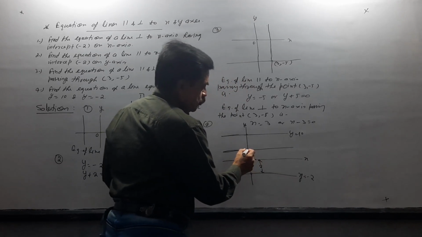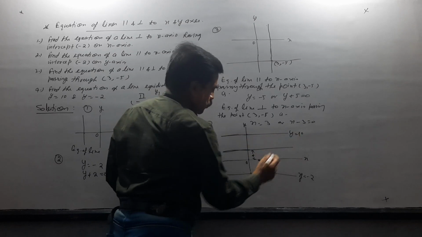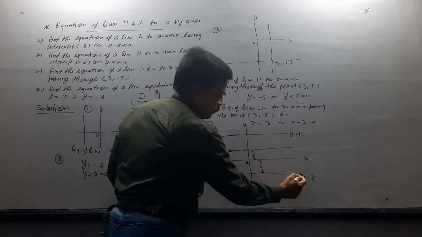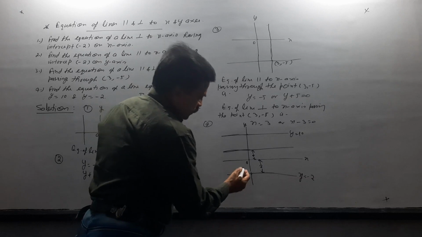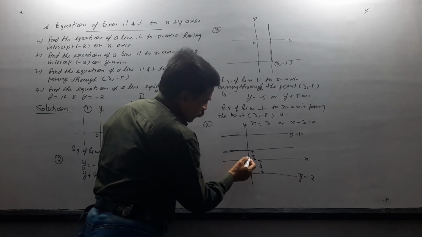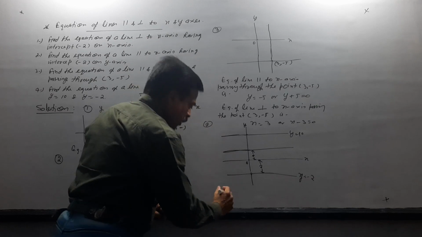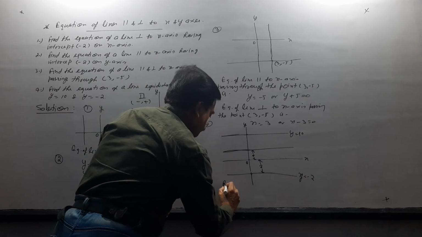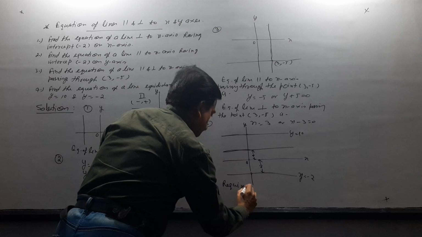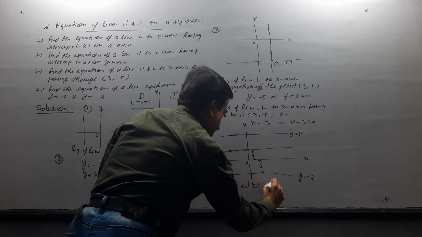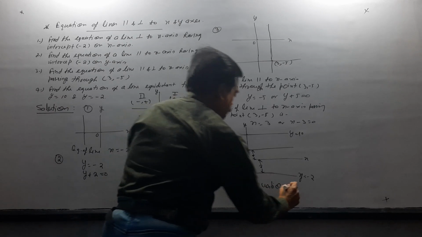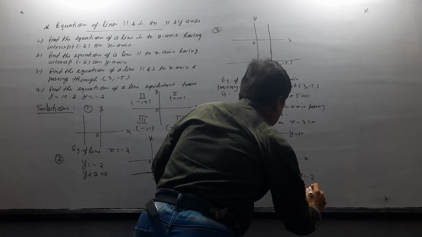This line is equidistant from y is equal to 10 and from y is equal to -2. Distance from origin to this point is 4, measured on y axis above the origin. So required equation is y equals to 4.